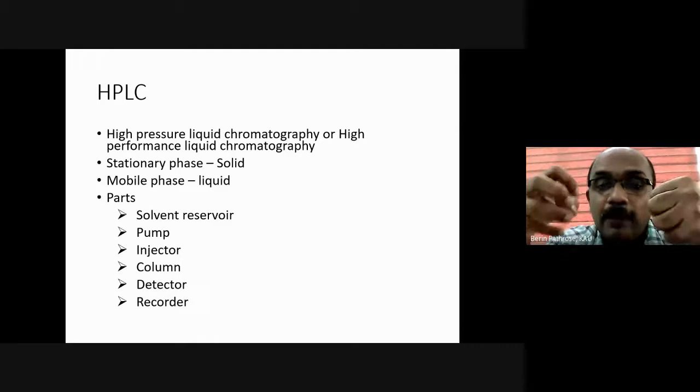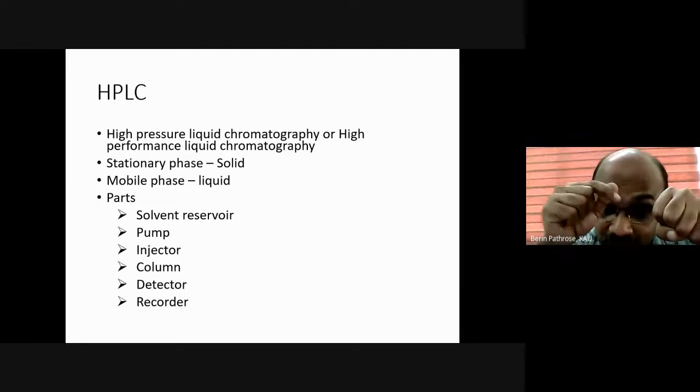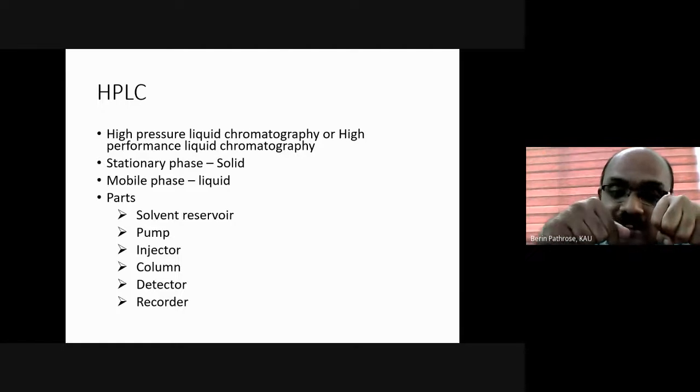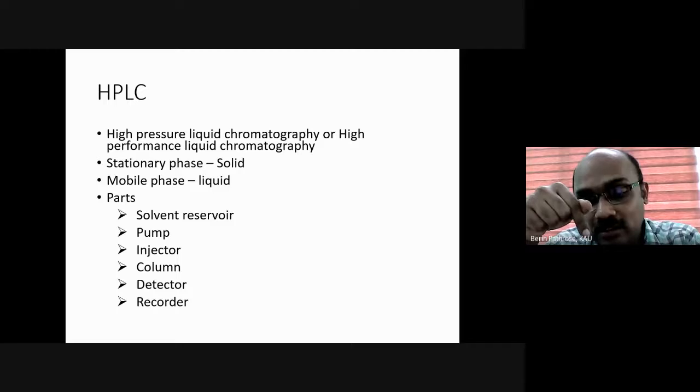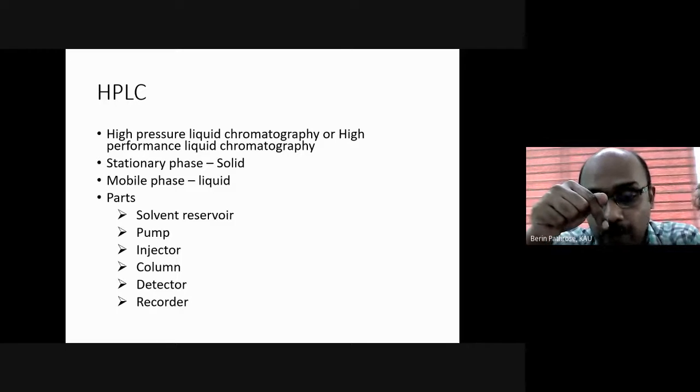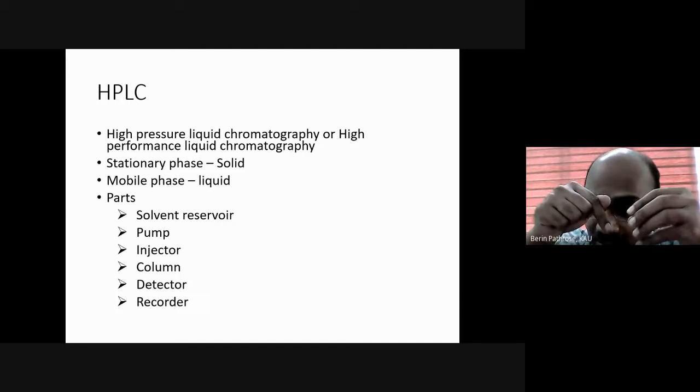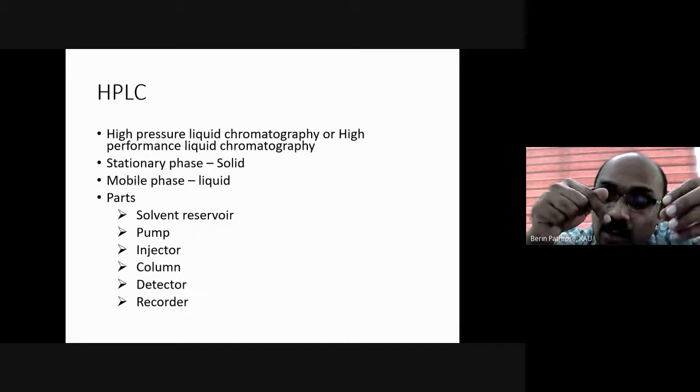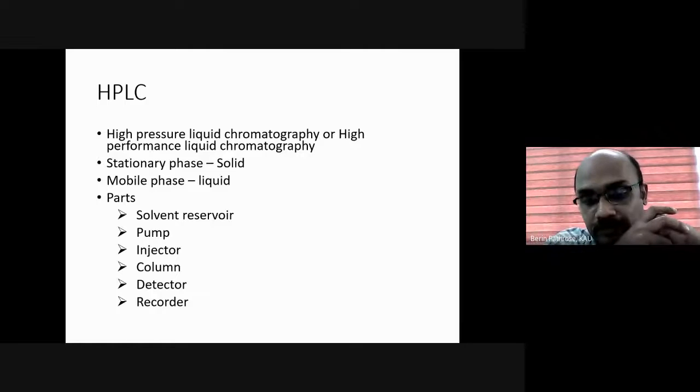In between the pump and the column, we have an injector wherein we inject the sample, so that the mobile phase pumped by the pump flows through and carries the injected sample to the column.